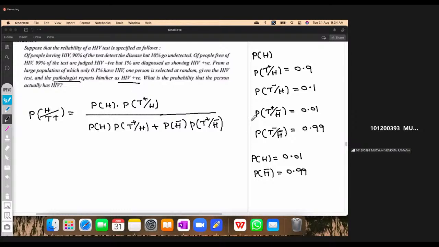Just think, are we missing anything? Because, see, only one thing is given, that the test is positive. What did they mention? The test is positive. So do we need to go for any other cases, or will these cases be sufficient?